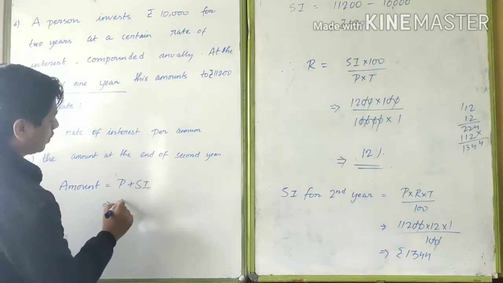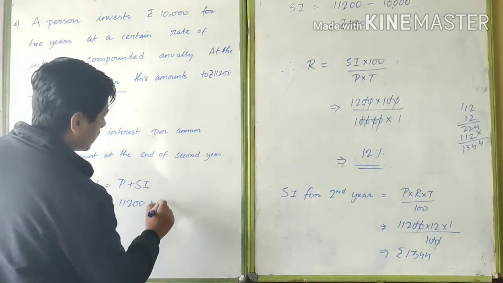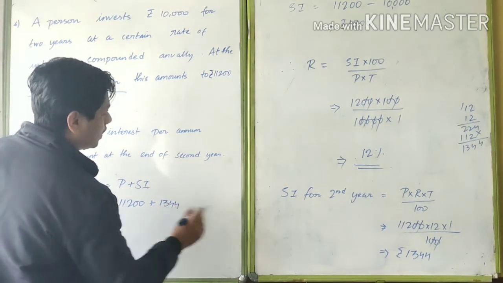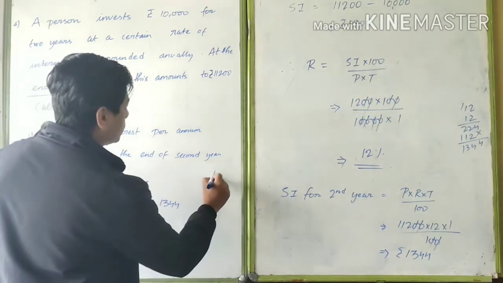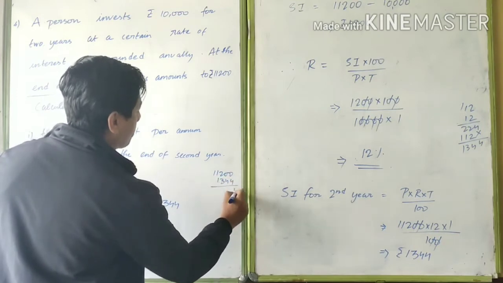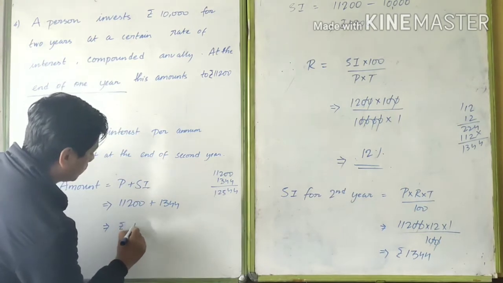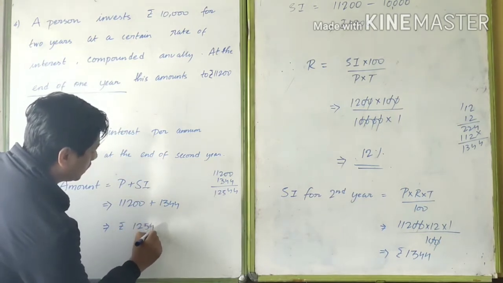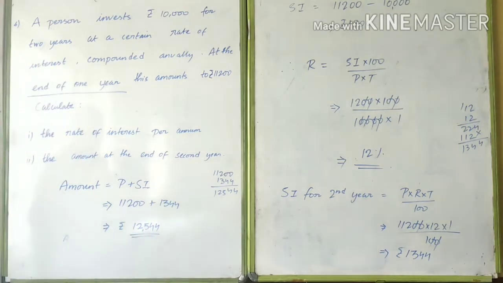My P for the second year was 11,200 plus the SI which we calculated in this part. So this becomes 12,544. So this is my answer.